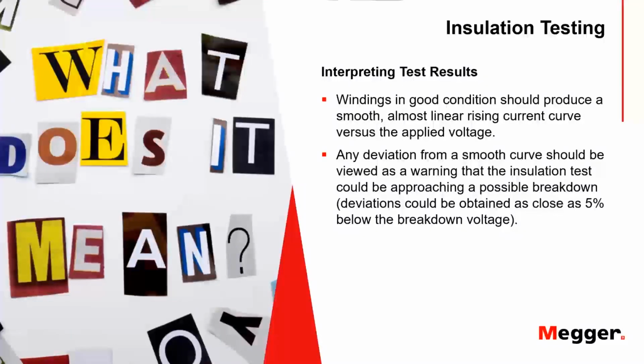A tester that has this test built into it will send all the information to your storage device, and you can download it, print it on your computer, and look at the graph and see what information you can get off of that. So you're looking for a smooth curve, and deviations from a smooth curve tell you something about what the problem is in your insulation. Next.